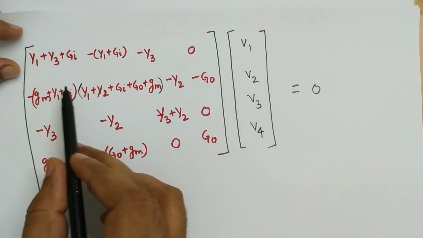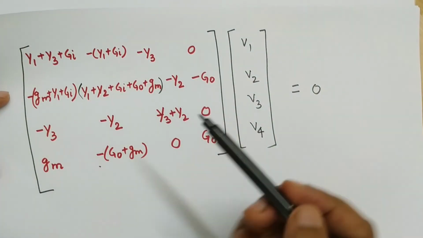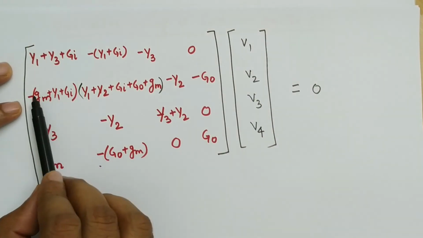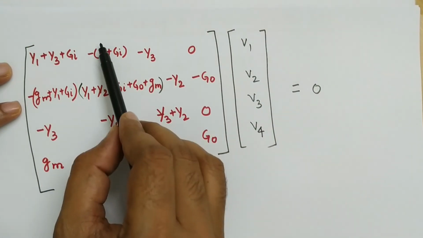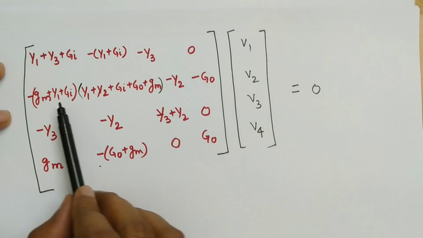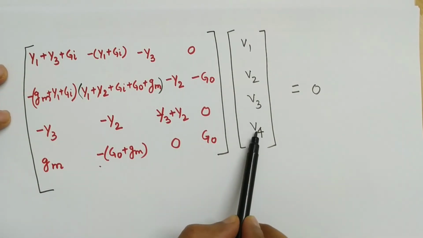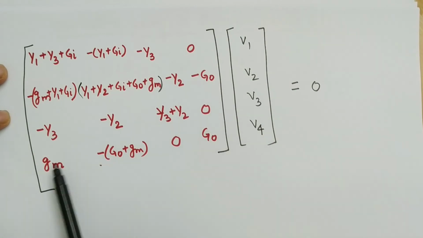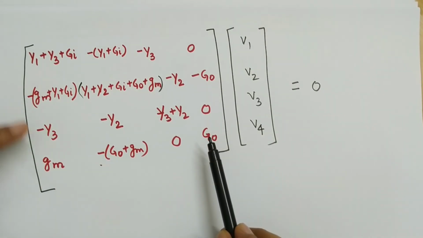So we are going to modify this matrix by assuming V2 equal to 0. If V2 is 0, the second row and second column will be eliminated. If V3 and V4 both are the same, then the third and fourth rows will be added together.